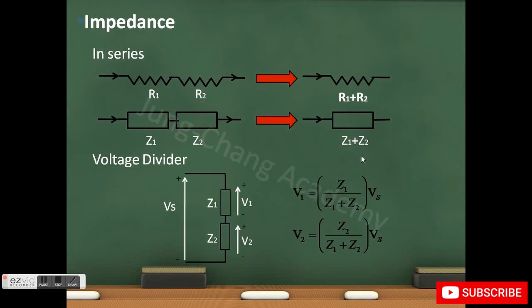And the voltage across each of the series impedance can be calculated using the same formula as in the voltage divider case. So V1 equals Z1 divided by Z1 plus Z2 times Vs, and V2 equals Z2 divided by Z1 plus Z2 times Vs.